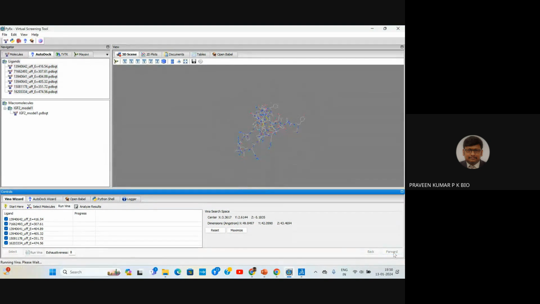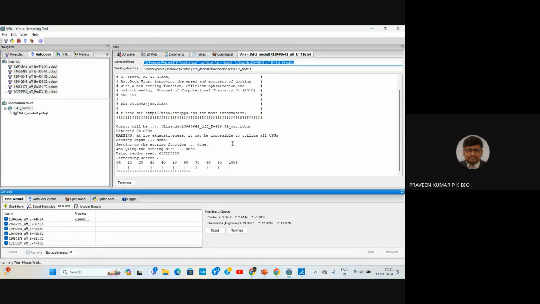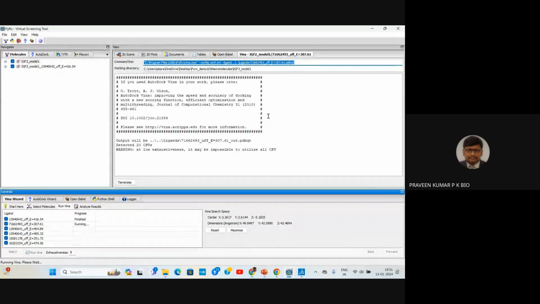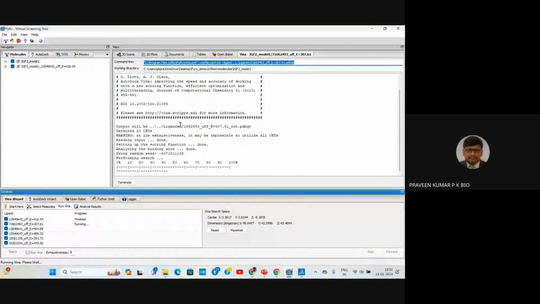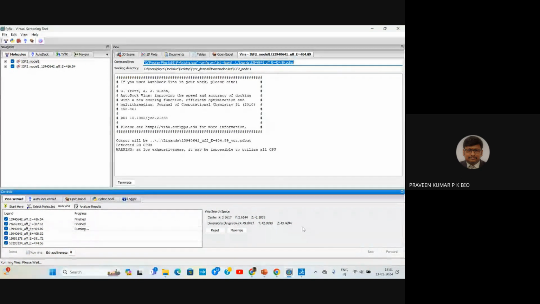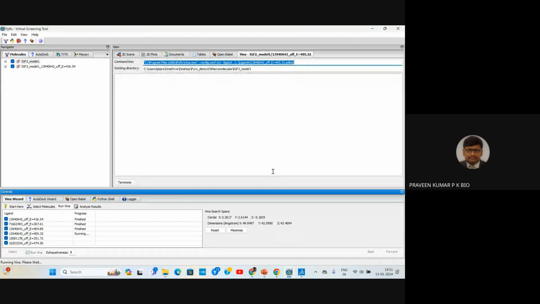Now click forward. By default, it runs AutoGrid, and AutoDock runs after AutoGrid. A single forward button does both steps, whatever we completed yesterday.